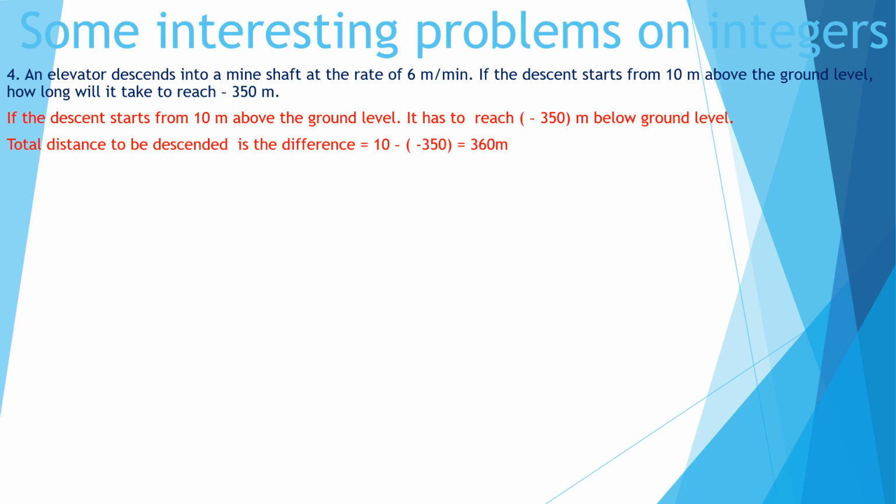So the total distance to be descended is the difference. 10 minus 350, that is 360 meters. Now elevator descends 6 meters in 1 minute. So it will descend 360 meters in 1 multiplied by 360 upon 6. This gives us 60 minutes, which will be equal to 1 hour.